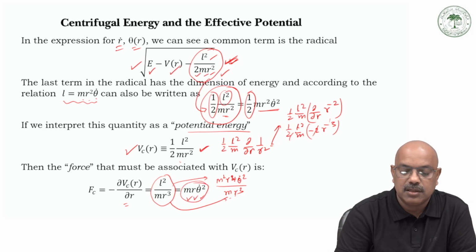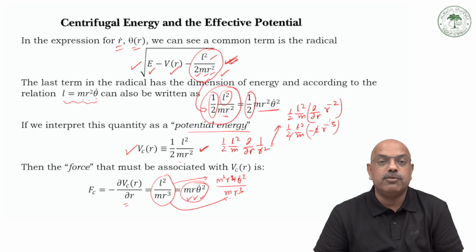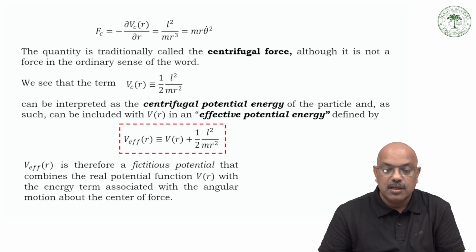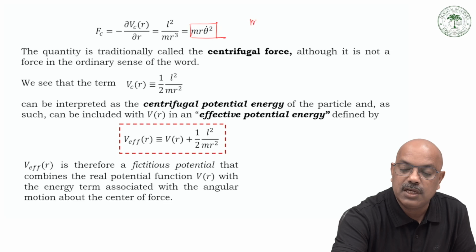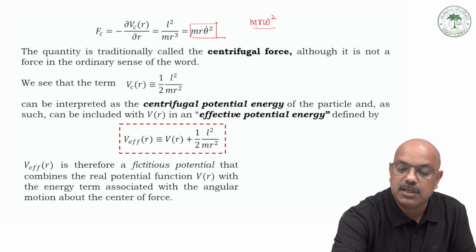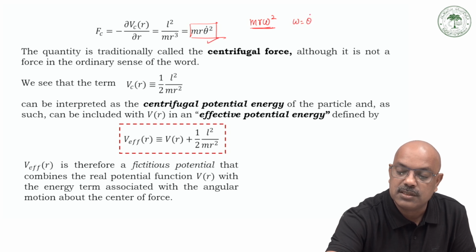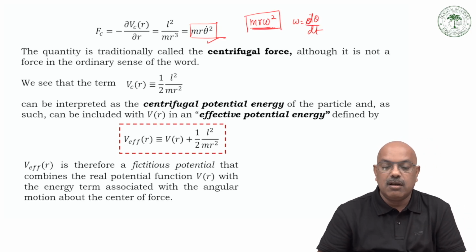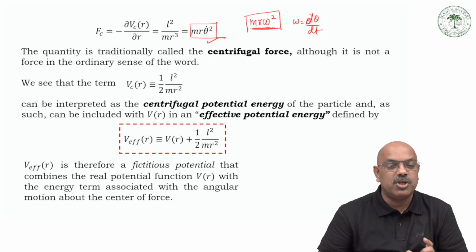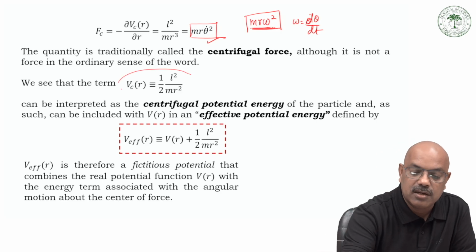This is going to be the centrifugal force, because centrifugal force is m r omega squared, where omega is theta dot, which is d theta by dt. So the force is the centrifugal force, and that's why we can say that this potential is the centrifugal potential.